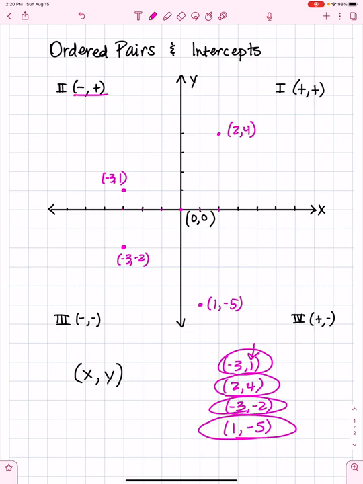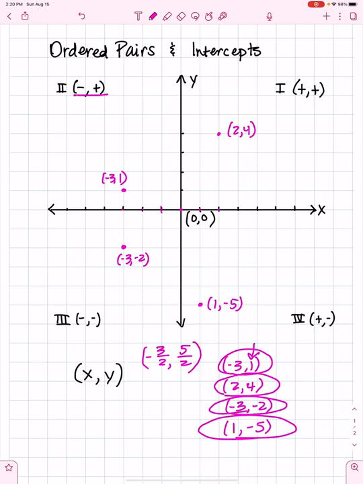Okay, so that is how we plot ordered pairs, in case you have forgotten how to do that. I want you to notice, though, that you can't just have ordered pairs that are nice, beautiful integers. Let's make something more fun than that. Let's go -3 halves, positive, I don't know, 5 halves. Let's get crazy. All right, so if I'm going to plot this, well, think about it.